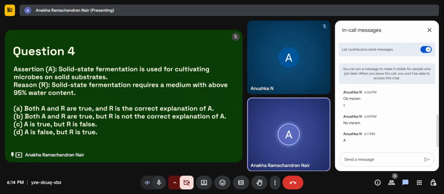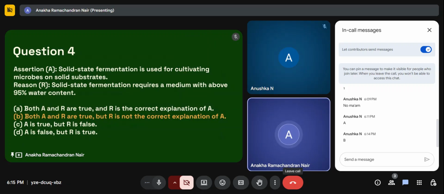Do you want to try guessing the answer? B. All right. Yes. So that is the correct answer.